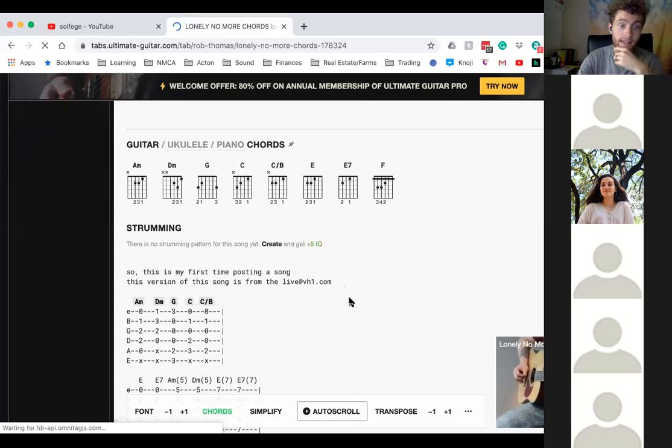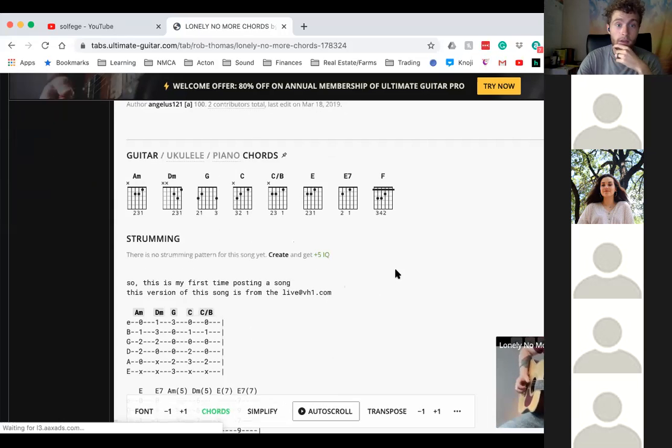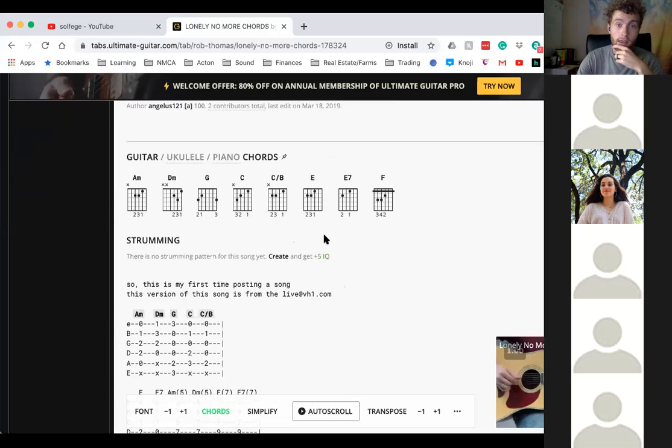what key are we in right here? If we have E major, so, or actually, is that the secondary dominant?